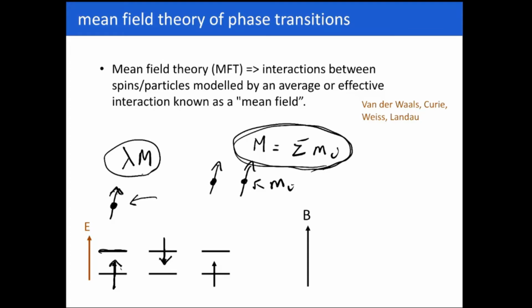So when one includes statistical mechanics, and one has a difference in energy and a temperature, for example, it means that the probability of a given site being in the lower energy state is higher than the higher energy state here. So I've just illustrated if you were to go through the system, you might have some moments up and some moments down, but there'd be more moments up than down if there was a mean field created by an average magnetization here.